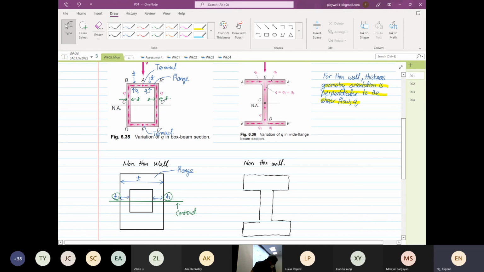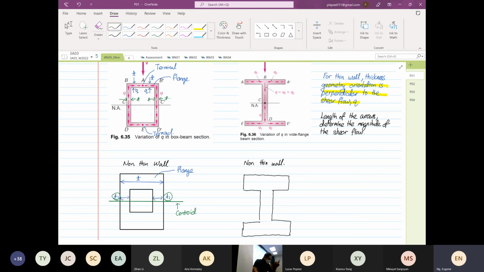What it means is that in thin wall analysis, the length of the arrows determines the magnitude of the shear flow. The longer those arrows, the higher the shear flow value.